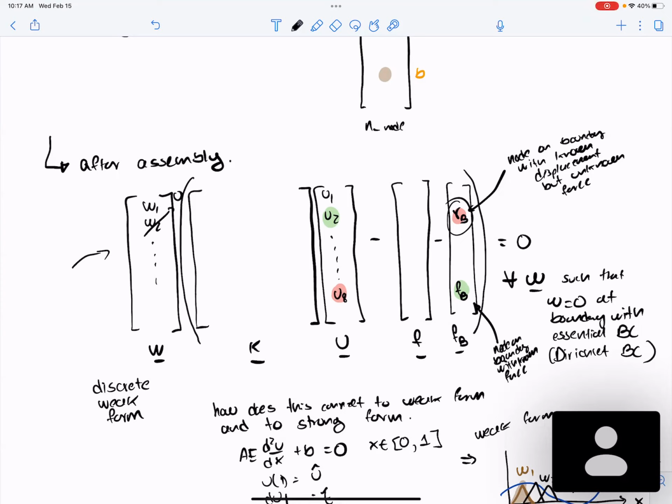So I force the W to be 0. But in the other boundary, for this FB, I know the force, and I need to solve for the displacement. That one is like a regular node, so I don't need to do anything with the W. So it's just for the nodes that have known displacement on the boundary but an unknown reaction.